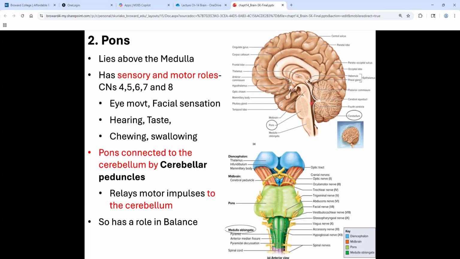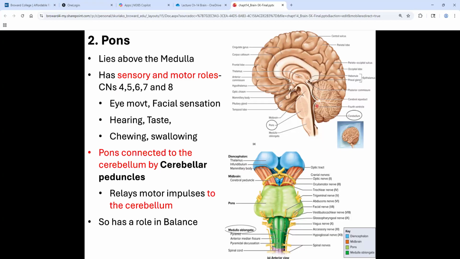Another thing is that the pons, what's behind the brainstem? What is this structure here? Cerebellum. The brainstem is actually connected to the cerebellum by bundles of tracts, and it's called the cerebral peduncles. Okay, so the cerebral peduncles connect the pons to the cerebellum, and what it does is that it will relay motor information to the cerebellum.